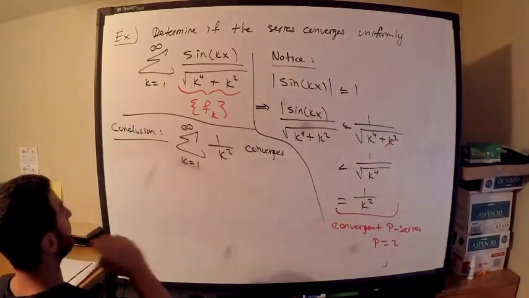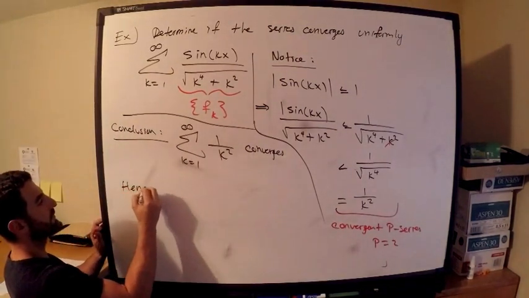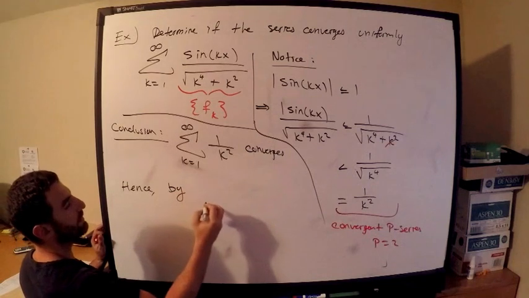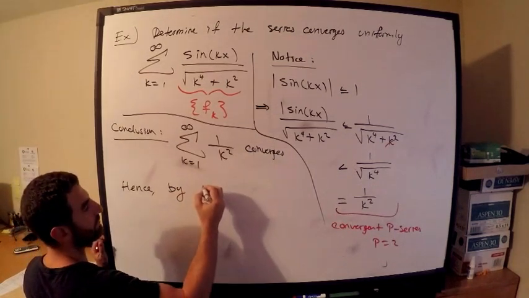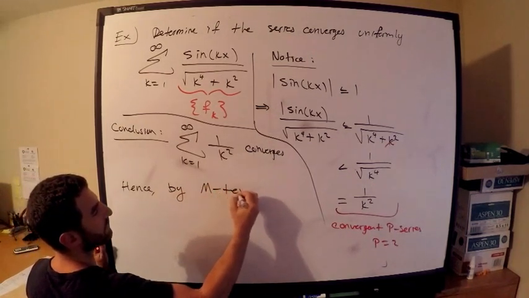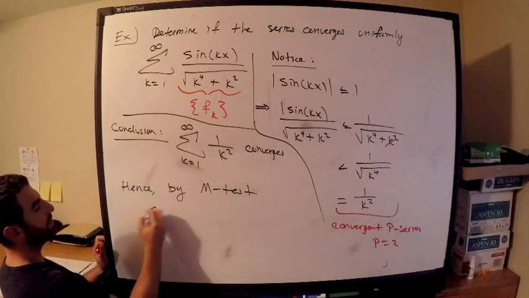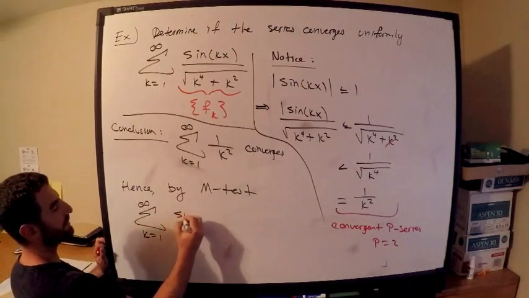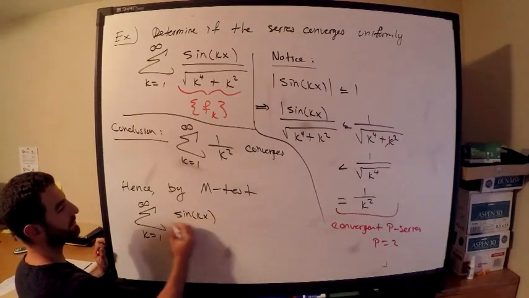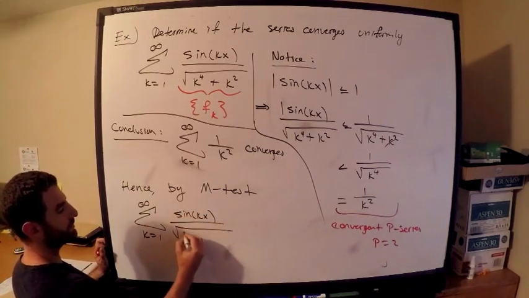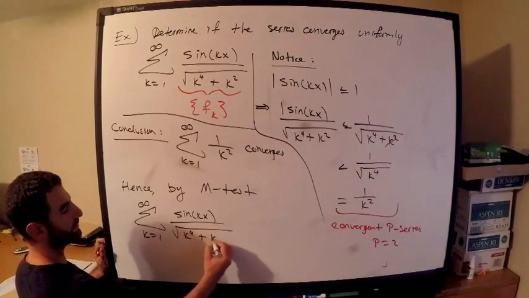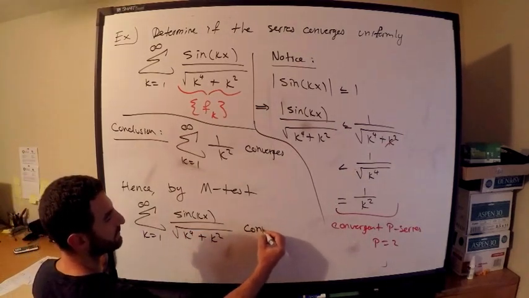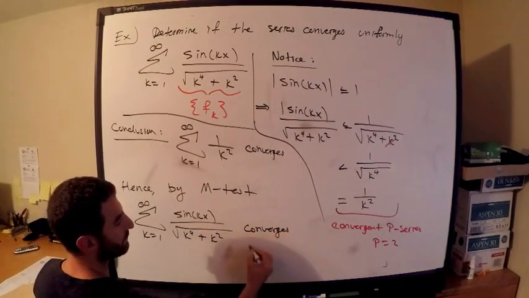Hence, by the M test, I won't butcher Weierstrass's name, we know that the sum from k equals 1 to infinity of sine of kx over the square root of k to the fourth plus k squared converges uniformly.